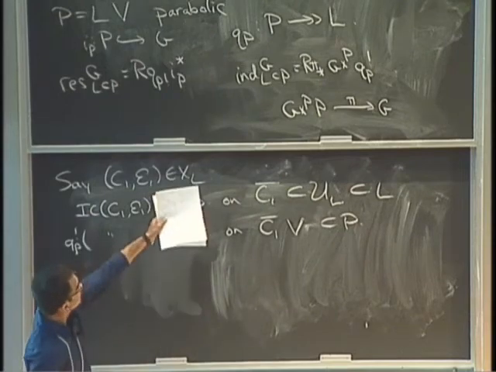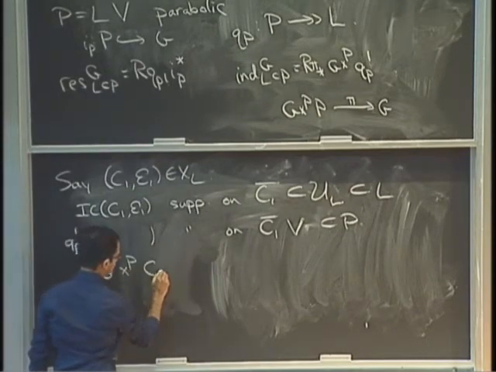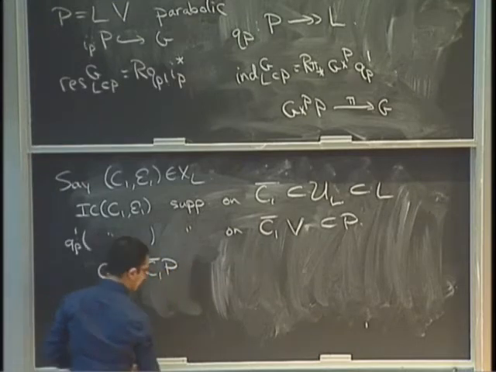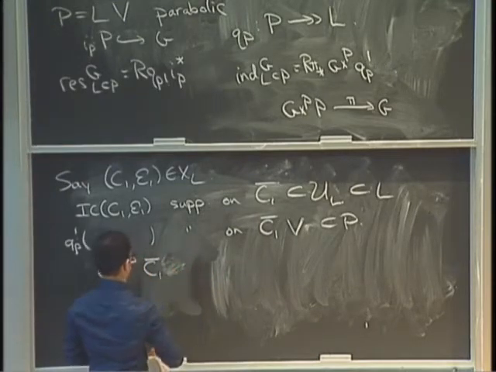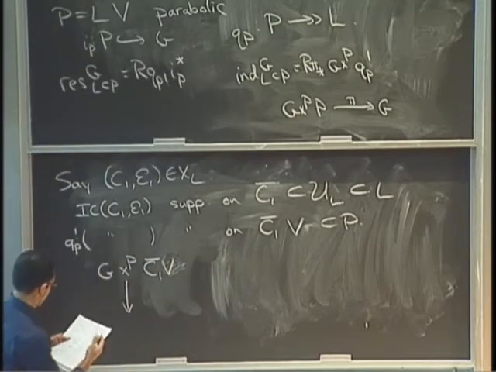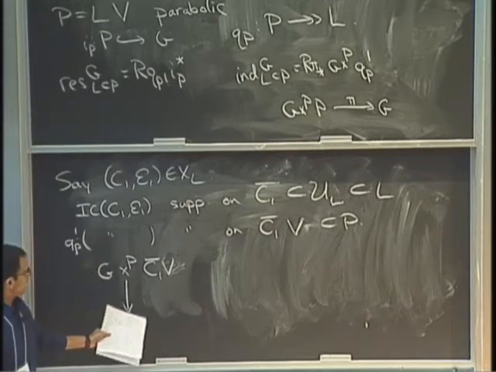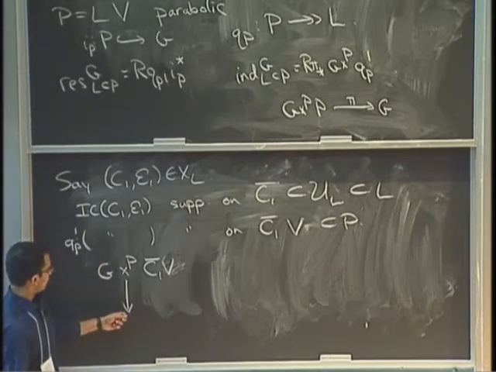And so instead of forming G cross upper P with P, I could just look at a piece of it. And then this variety maps down to, well, I could put G at the bottom here, but what is this map?